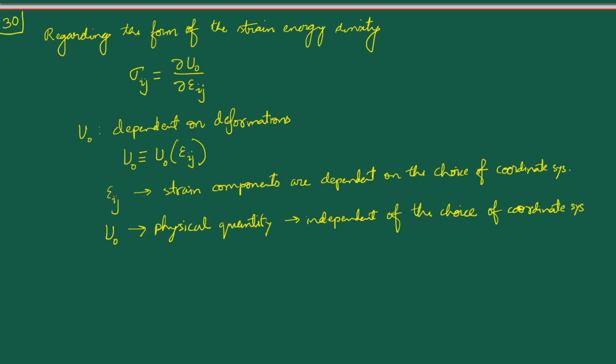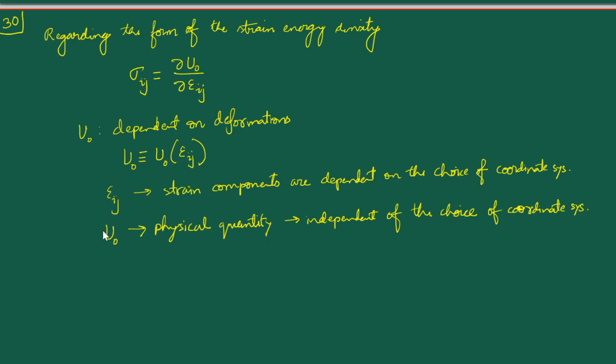Now you see where the issue is. On the one hand, we are saying that u naught should be a function of this epsilon ij, and on the other hand, there is this apparent discrepancy where these strain components are dependent on the choice of the coordinate system, but u naught, we want it to be independent of the choice of the coordinate system.